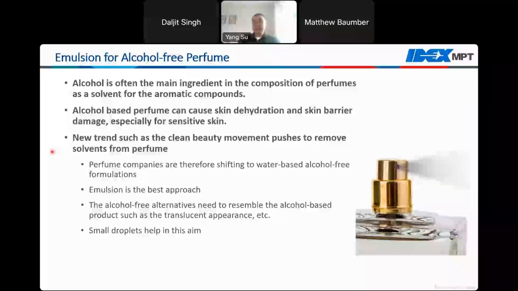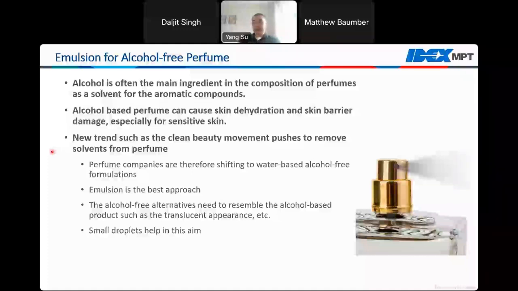As I mentioned before, emulsions, which is oil-in-water emulsion, are probably the best approach, because you can select the carrier oil to help carry the aromatic compounds and make them into the perfume product. One of the challenges is that you hope the alternative formulation can still maintain or resemble the alcohol-based product.